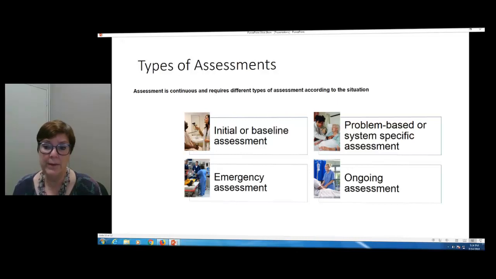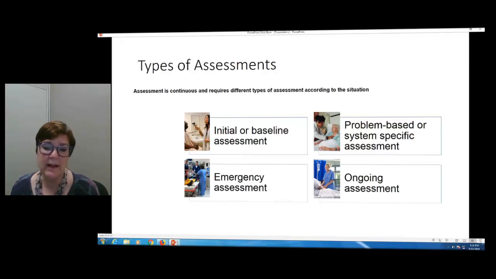Their O2 sats may be fine first thing in the morning, but you can't let that go all day because the tighter they get in the day, the harder it is to breathe because all of those muscles start to get tired. So you're going to be checking O2 sats and lung sounds throughout the day. And instead of that head to toe assessment where you're checking neuro, their head, their chest, their heart rate, their skin, their bowel sounds, you're just going to focus on the respiratory system.